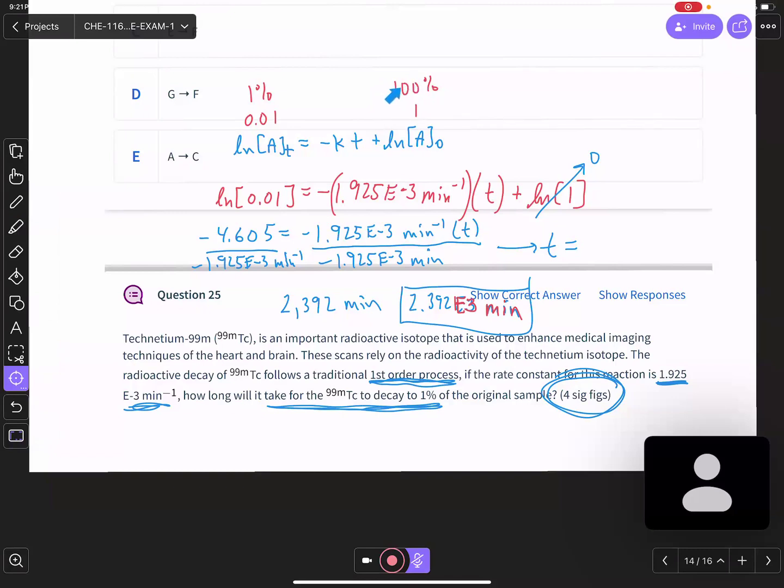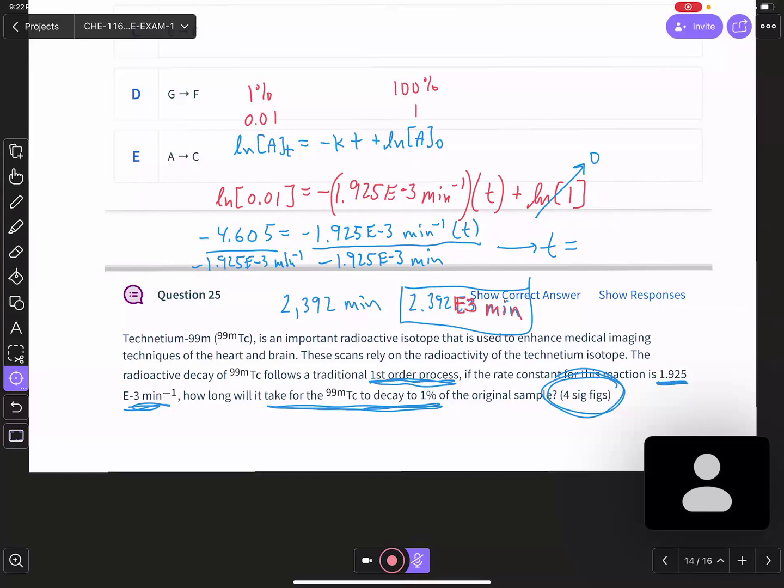To give it a real number, we just turn 100% into a decimal, which represents 1. And we're looking for 1%, which as a decimal would represent 0.01. The reason I like that is because the natural log of 1 is 0, and so once we get past that, it simplifies our calculation.